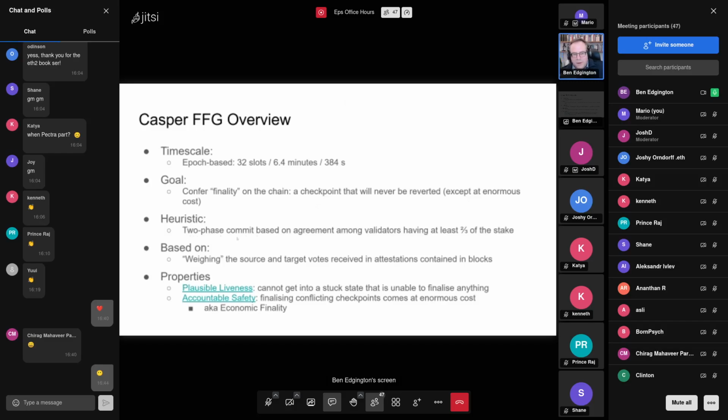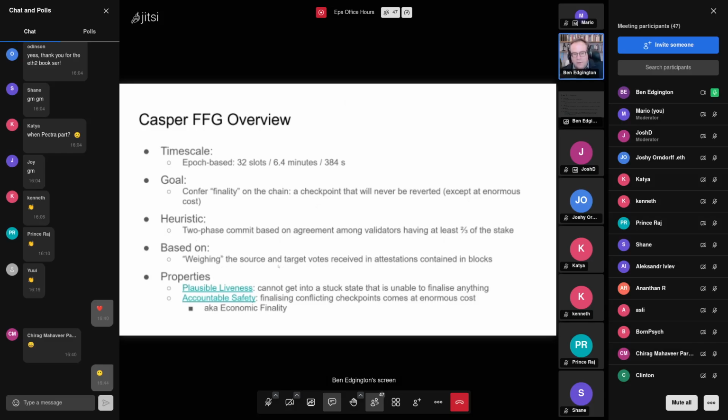And it uses a two-phase commit. Alex talked about this, I think, in his presentation, which is a classical consensus mechanism approach. Among validators having at least 2/3 of the stake, so we need 2/3 of the stake to be honest. As long as that's the case, we can achieve finality. And we'll talk about that a little more.